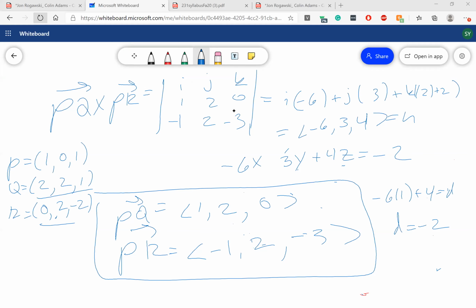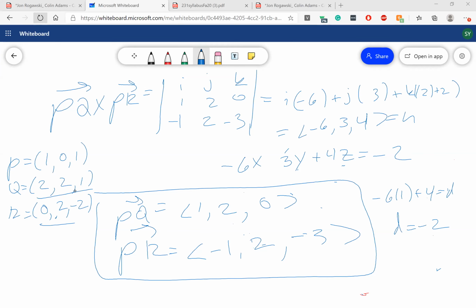So in the cross product, we had I, and then for J, we had -3, so that looks right. And then the K is going to be 2. So I think the cross product looks correct. 0 minus 1, 2 minus that, okay.